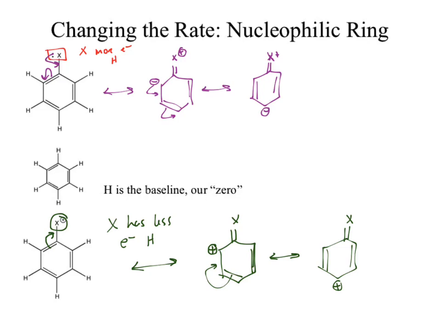Both get us to the same answer. Looking at the intermediates is a more correct way of looking at it. Looking at the starting material is officially not correct. Both get you to the exact same answer.